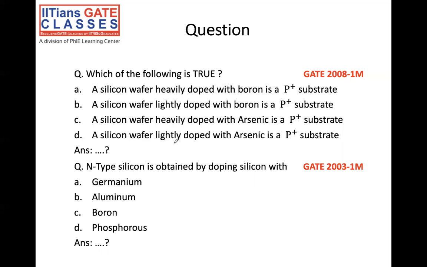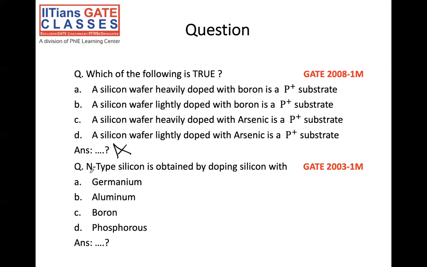A silicon wafer lightly doped with arsenic is a p plus substrate. Arsenic, which is a donor or pentavalent, always makes an n-type semiconductor. If it is n plus, n minus, or n type, so that is also a wrong option. So the correct option is A. So here we can say A is the correct answer.